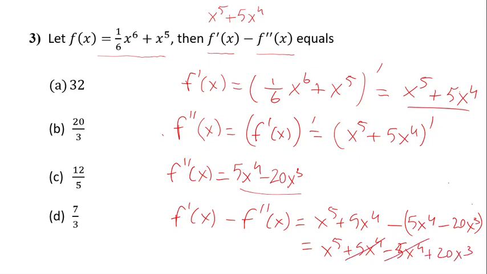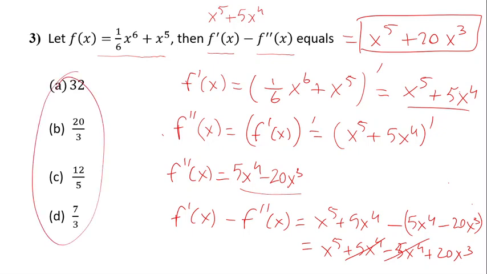So there will be cancellation, and this equals x to the fifth plus 20x cubed. So this will be the solution of it. Obviously there's a problem with this question, because it's not equal to a constant here.